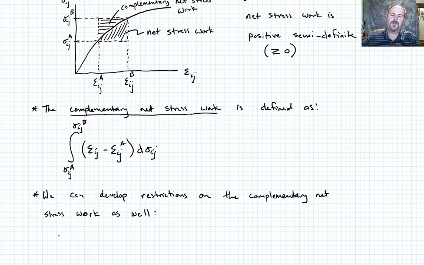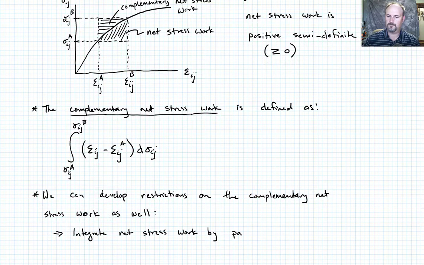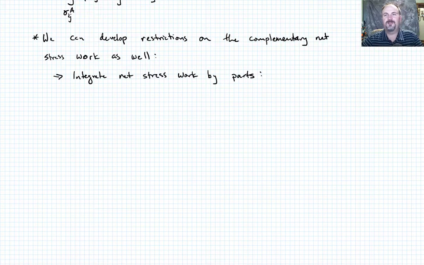How do we do that? Well, we integrate the net stress work by parts. You're probably sitting in this class going, wow, I really forgot a lot of my calculus, and I didn't ever think I would need this again. But hopefully you remember a little bit about integration by parts.